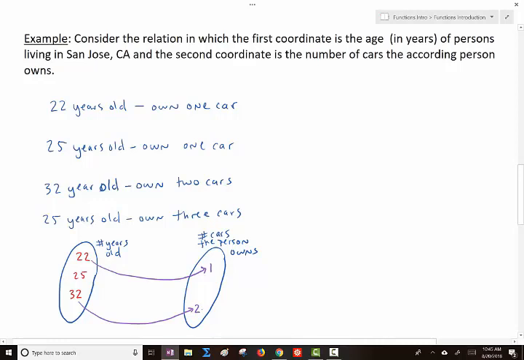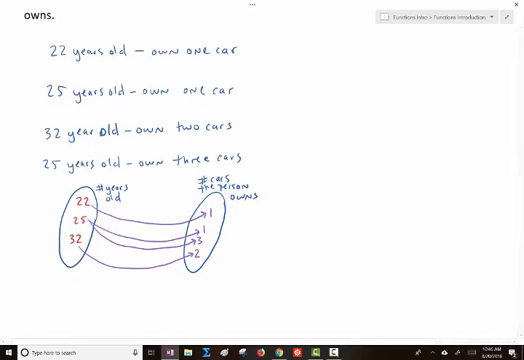And then the 25, well, there's actually two different people that have the same first coordinate, two different 25 years old. And as expected, there's many different people out there with the same age, at least in number of years. And so in this case, 25 years old, they actually have one car, and there's some other 25-year-old that has three cars.